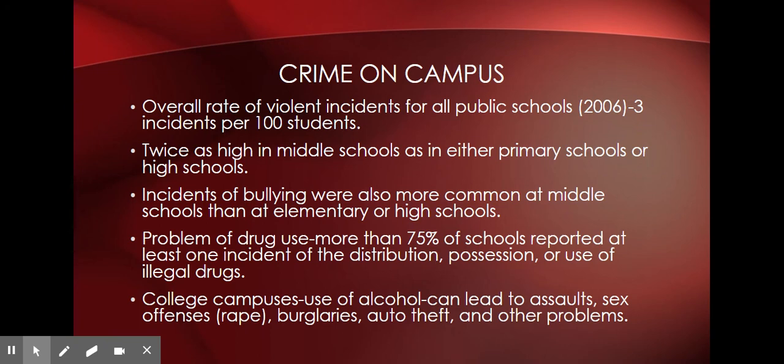It can lead to other assaults, it can lead to sex offenses like rape, burglaries, auto theft, and other problems. Okay. So, one of the issues with both drug abuse and alcohol abuse is it can lead to other crimes. Okay. Because of impaired judgment. All right. And we see that a lot on college campuses with the use of alcohol.